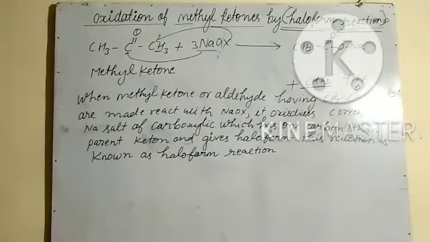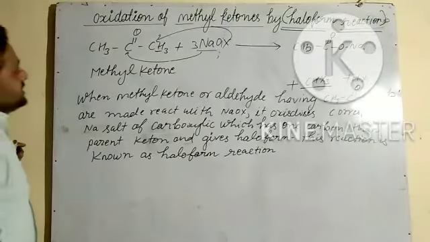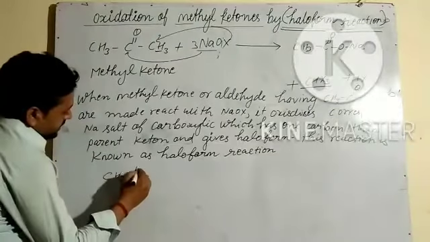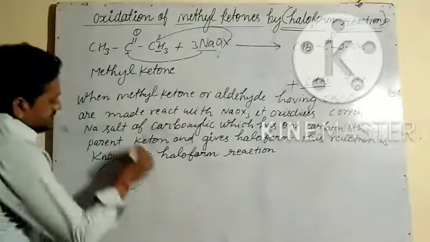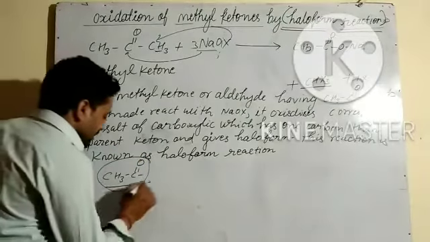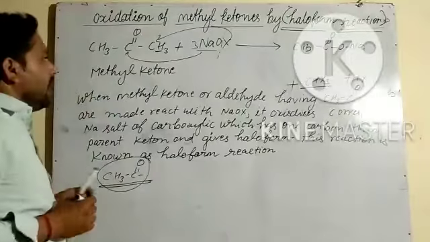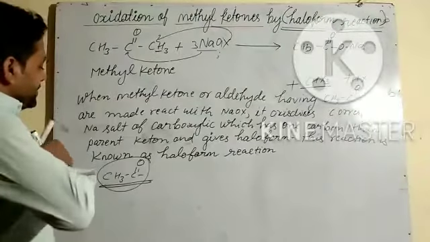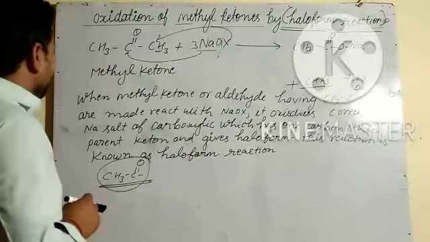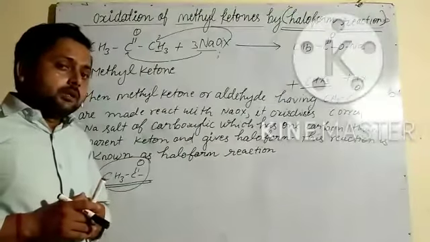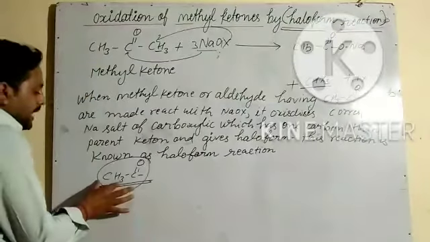Okay, so this is a special type of reaction. Only compounds that have the CH3CO group show this reaction. If any compound has this group, then it will show haloform reaction. So this reaction is also used to check whether a carbonyl compound contains a methyl ketone group or not.